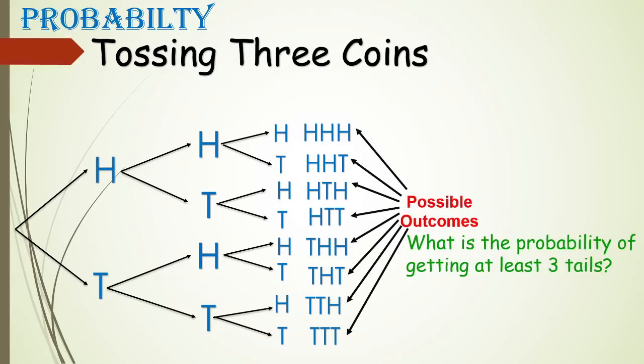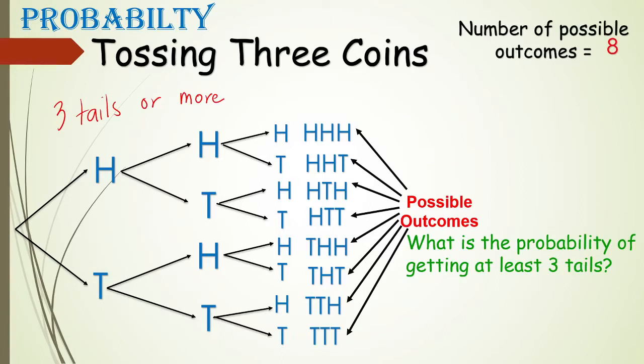What if I ask you, what is the probability of getting at least 3 tails? When I say at least 3 tails, what do you mean? 3 tails or more. Correct. So where is the 3 tails or more? It's still 8 for the number of outcomes.